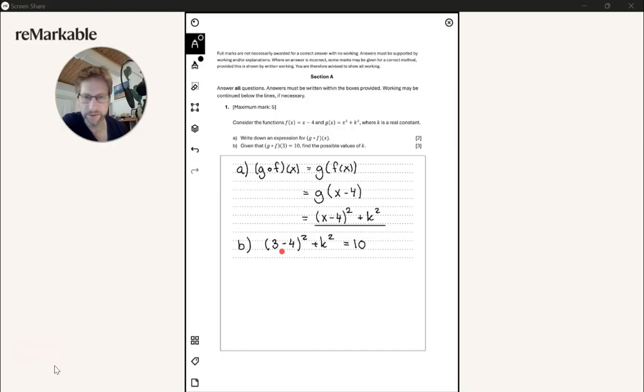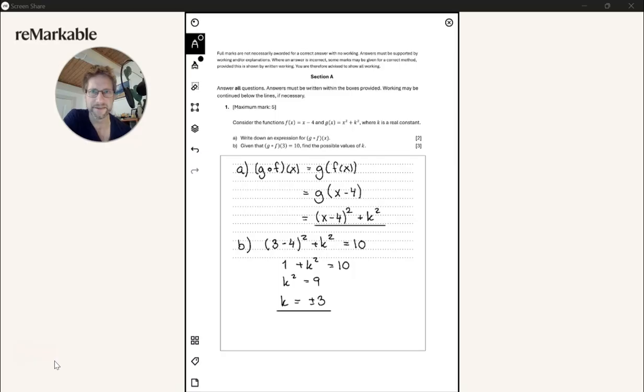Well, 3 minus 4 is minus 1, and then we square the result. So minus 1 squared is 1, plus k squared is 10, and we subtract 1 on both sides, so k squared is 9, which means that k is plus or minus 3. And we are done.